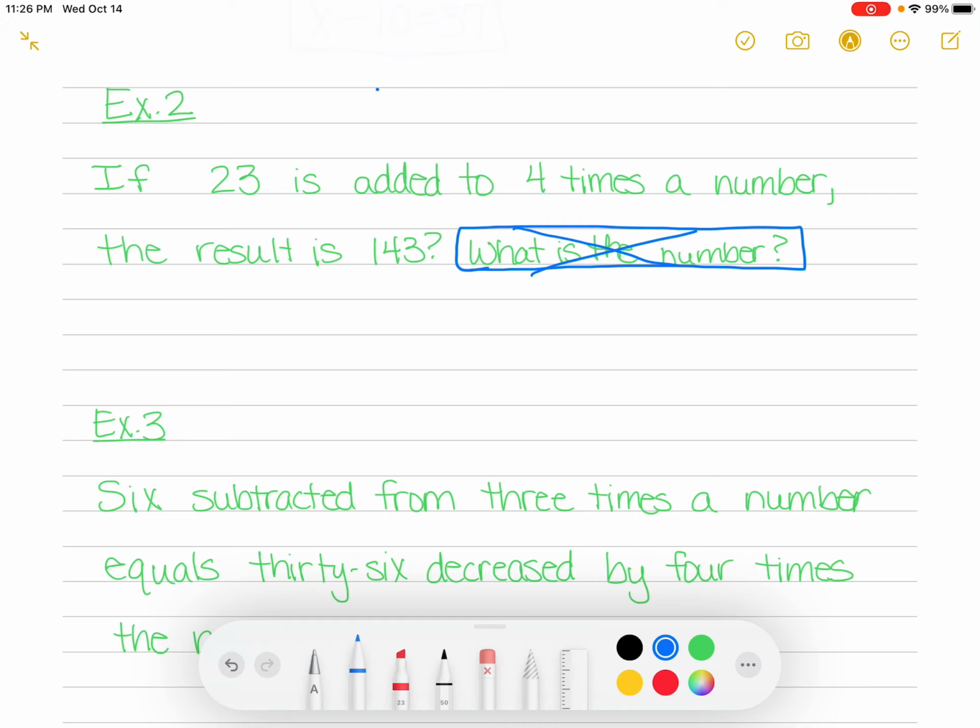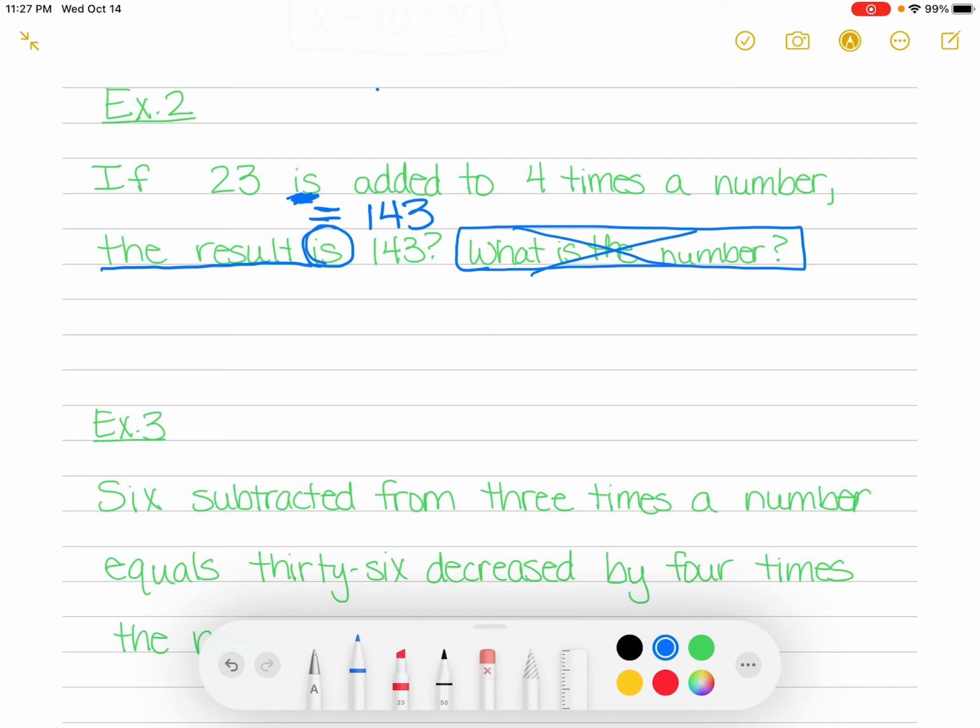Before I told you the result is, that word means equal, and it does. But notice up here it says if 23 is added to 4 times the number. That does not mean equal. We're not doing an equal sign there. But we are down here where it says the result is 143. That part's easy, equals 143. But let's go up here where it says if 23 is added to 4 times a number.